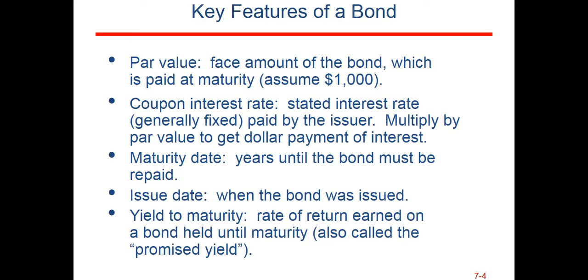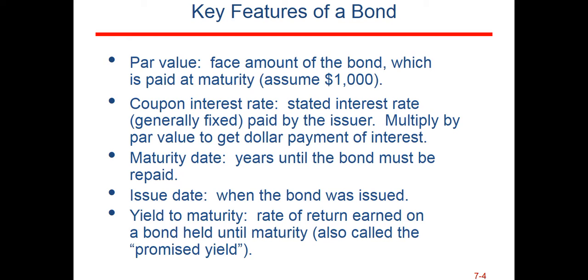In European countries, it's on a yearly basis. You go and they pay you a specific amount. So this coupon interest rate will tell you what the coupon dollar amount will be. In chapter 5 terms, this calculates the PMT.